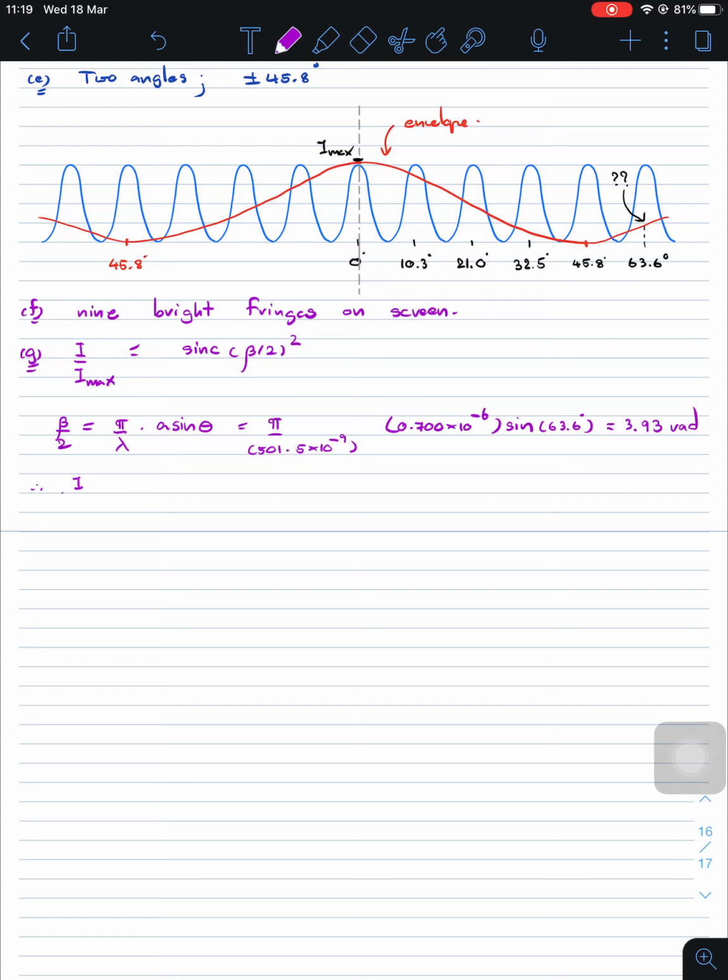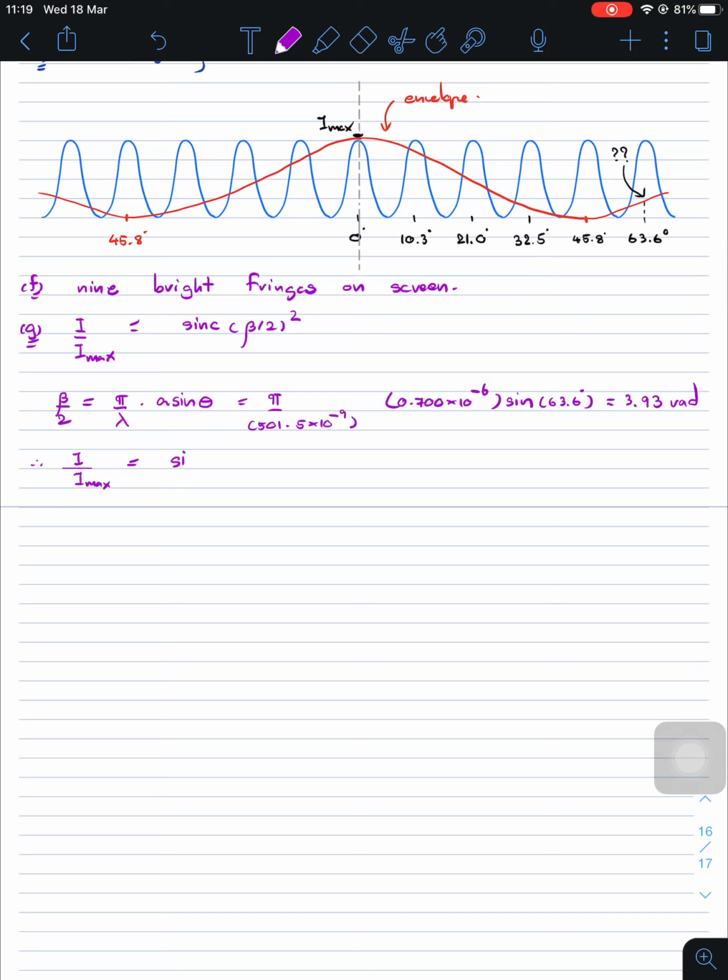So finally you can get that I over Imax is equal to the sine of 3.93 radians, over 3.93 radians, squared.